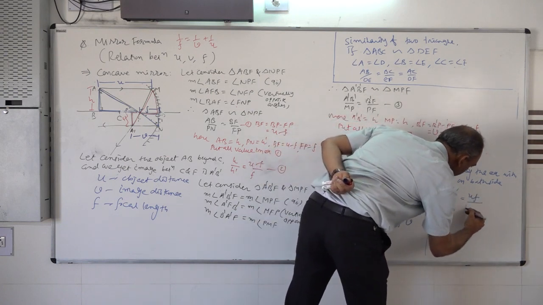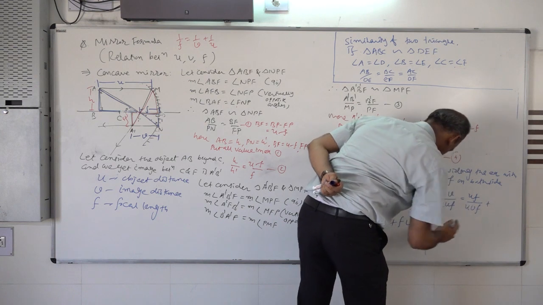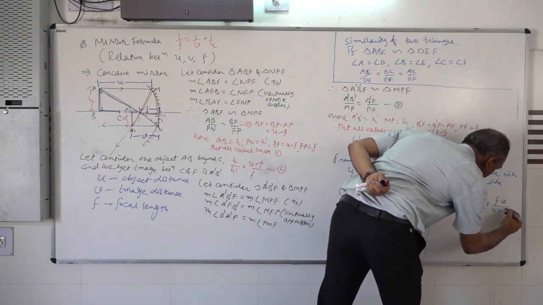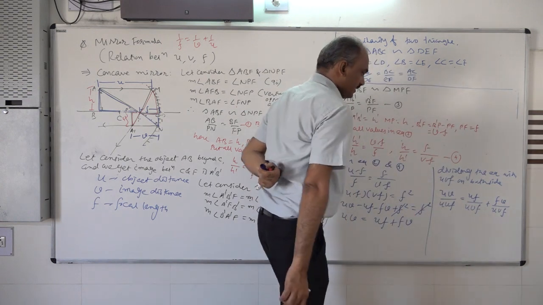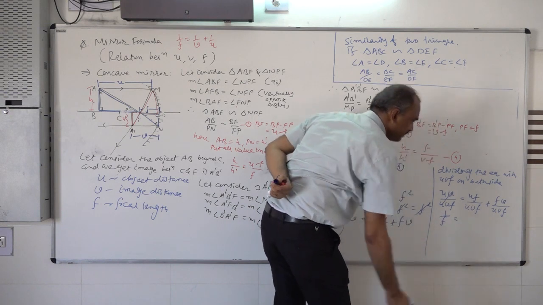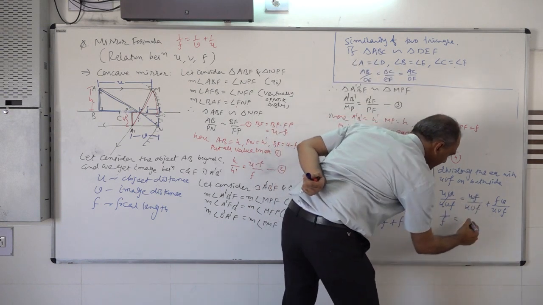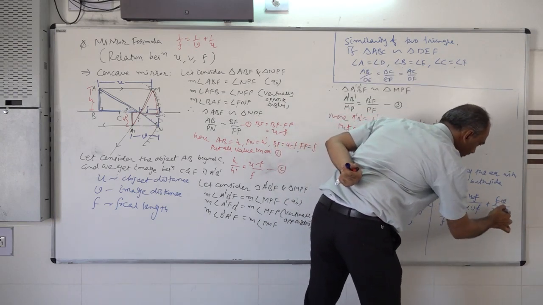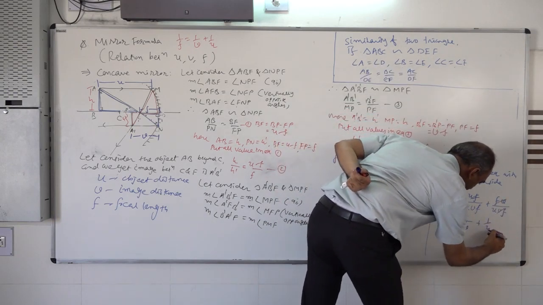UF अपॉन UVF. यहाँ पे है हमारा FV अपॉन UVF. तो यहाँ से UV कैंसल. We are getting 1 upon F. यहाँ से UF कैंसल. We are getting 1 upon V. And here FV is cancelled. We are getting 1 upon U.